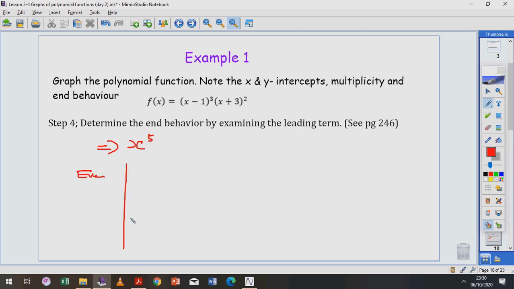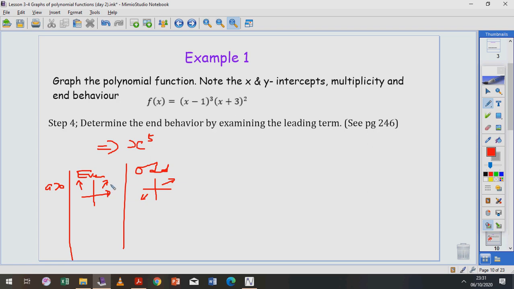For even and odd polynomial functions, if the coefficient of the leading term is greater than 0, if a is greater than 0, then an even function will look like this and like that, where this is the x and y axis. Its end behavior will look like that, as you see in that little sketch. And the odd function, its end behavior will be towards that way and towards that way.